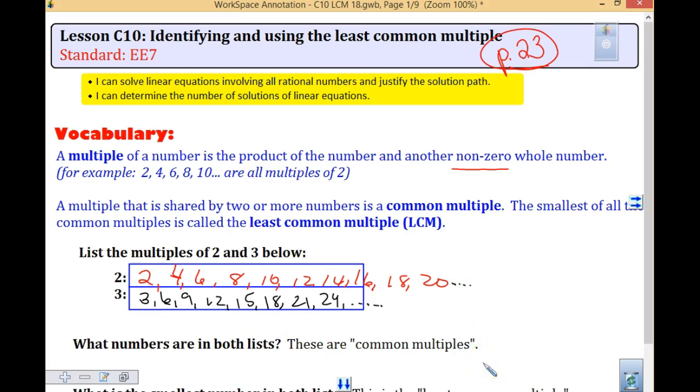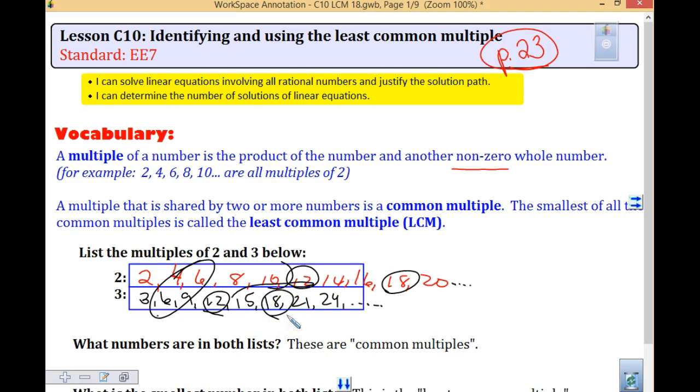So what numbers are common on both lists? Those are called our common multiples, okay? They both have 6, right? They both have 12, right? They both have 18. Those are called my common multiples.